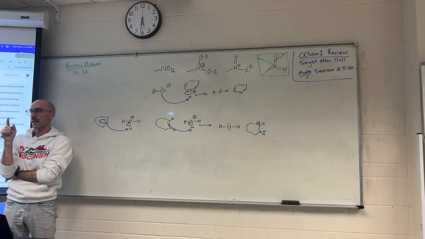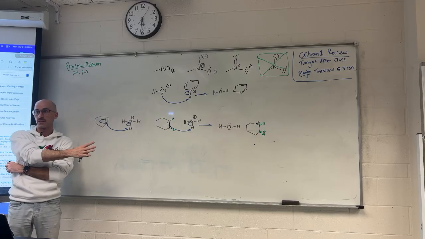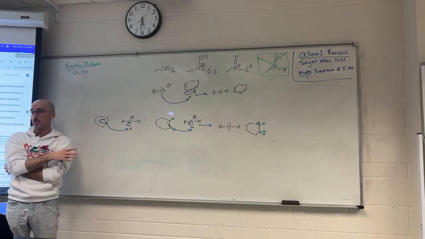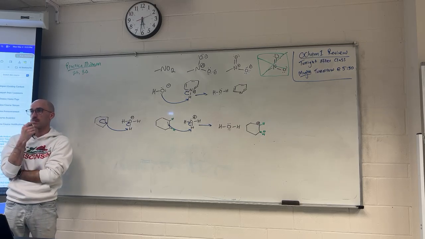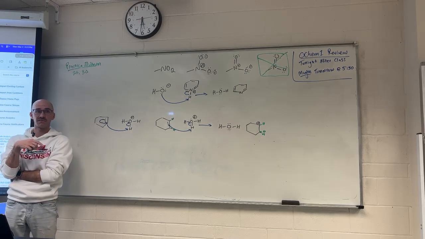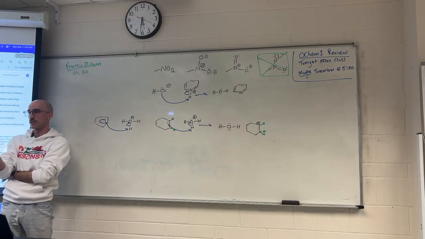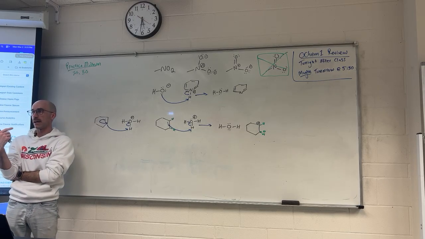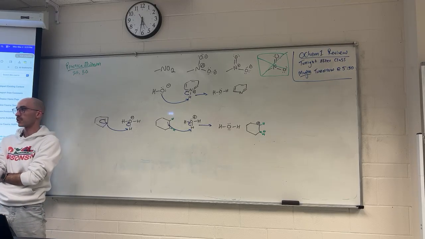You will have a question that asks you to add arrows based on the starting material and products. So spot what bonds break, spot what bonds form, and show the arrows to make that change. And then I have another question that asks you to draw the products based on the arrows shown. And so you have to interpret what those arrows are describing about bond formation and bond breaking.